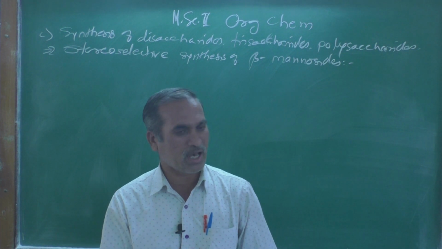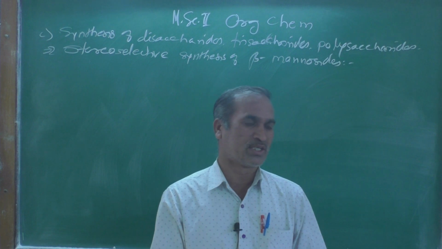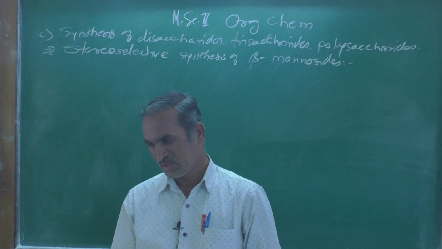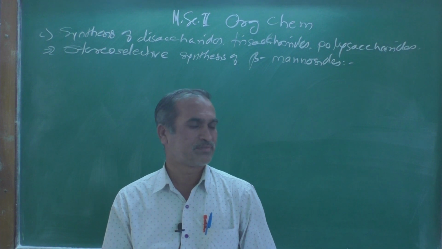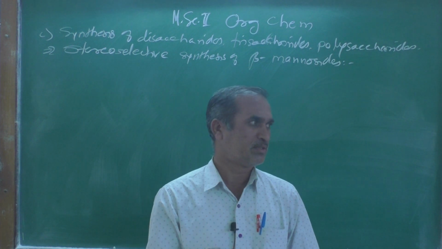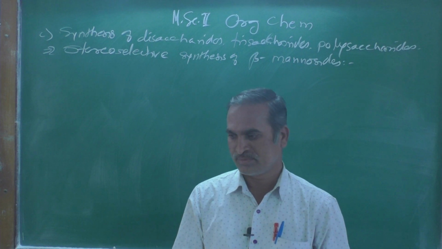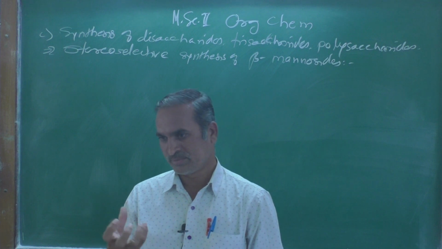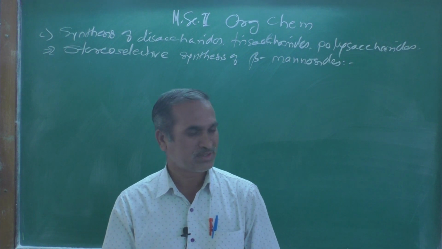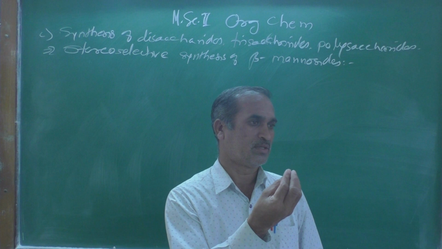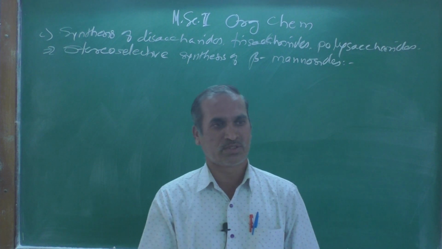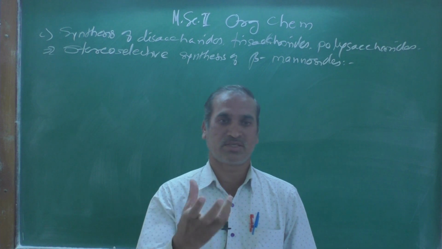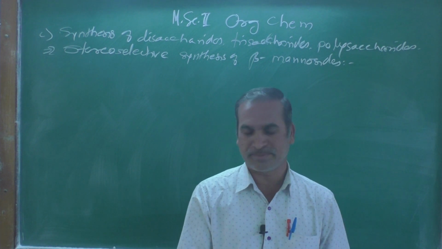Number 1 is starch, number 2 is cellulose, and number 3 is glycogen. Starch is a main constituent of carbohydrates, it is the storage form of carbohydrates. Everybody knows potatoes contain starch, and that is a storage of carbohydrate.